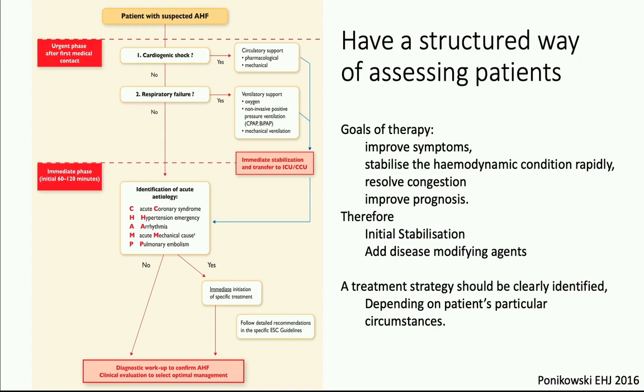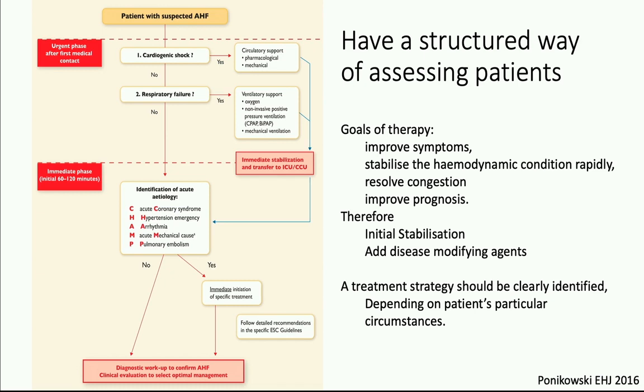The majority of these patients present with congestion, and a lot of the symptoms are related to congestion, so resolution of congestion is the most important thing. Once the patient is stabilized, treatment focuses more on additional disease-modifying drugs, which is where the prognosis can be improved.